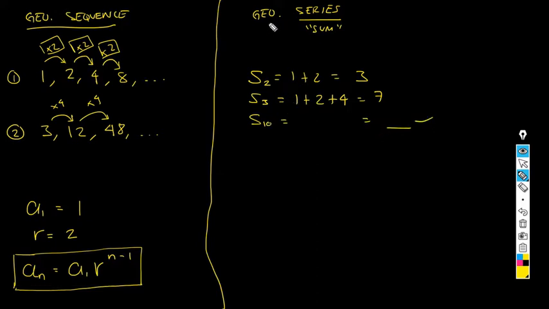So that was what a geometric series was. It's just the sum of some of the numbers in a specific sequence. That's all it means.